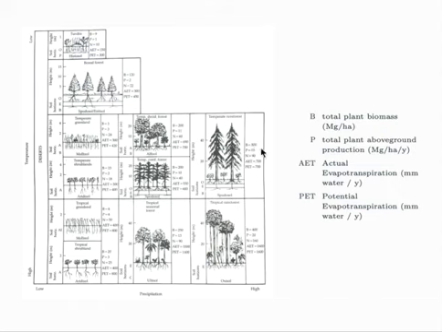You see B, P, AET, and PET. B is the total plant biomass that's there at any one time. P is the production, the amount that is produced annually. Then actual evapotranspiration and potential evapotranspiration are how much water is flowing through those trees or grasses or shrubs up into the atmosphere.